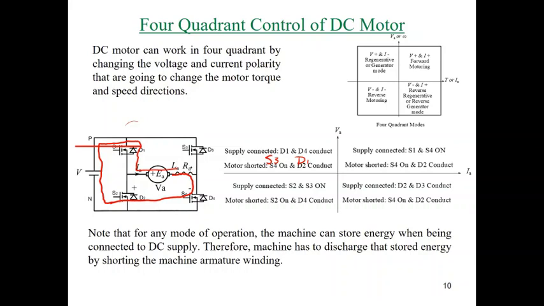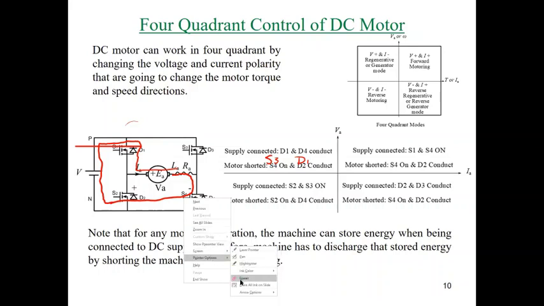Okay, so these are the right values for this mode. This is for regenerative braking or generator mode. Simply, we can do the same for the other two quadrants.